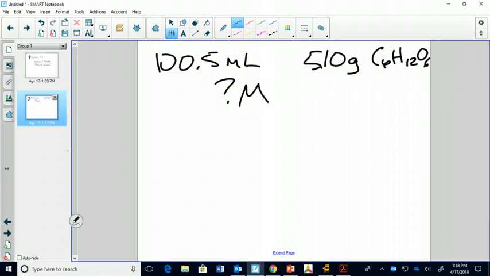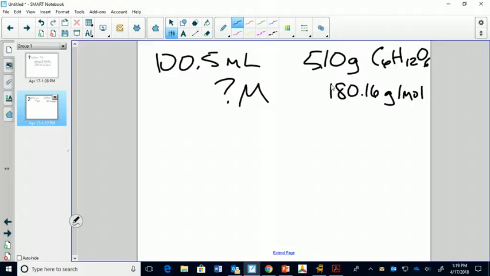So the molar mass of C6H12O6, you could look up on the periodic table, add 6 carbons, 12 hydrogens, 6 oxygens, right? But your textbook very nicely in this example gave it to you. They said that the molar mass is 180.16 grams per mole. So, we'll use that number.